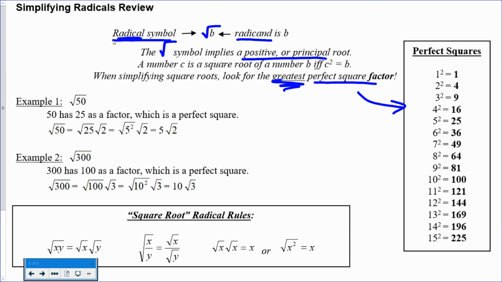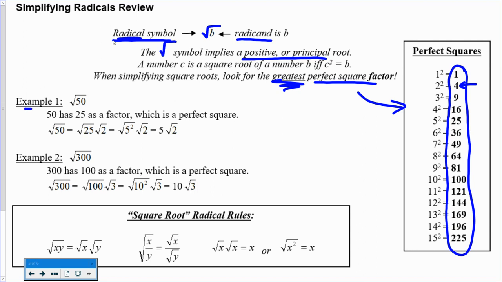We never really use 1 as a perfect square because it doesn't change anything. But 2 squared, 4 is your perfect square. The square root of 4 would be 2. And so on. All of these bold numbers right here are my perfect squares. There's more. Obviously, I can do 16 squared, 17 squared, and keep going and going. But it gives you an idea. Those are the ones that we are working with.